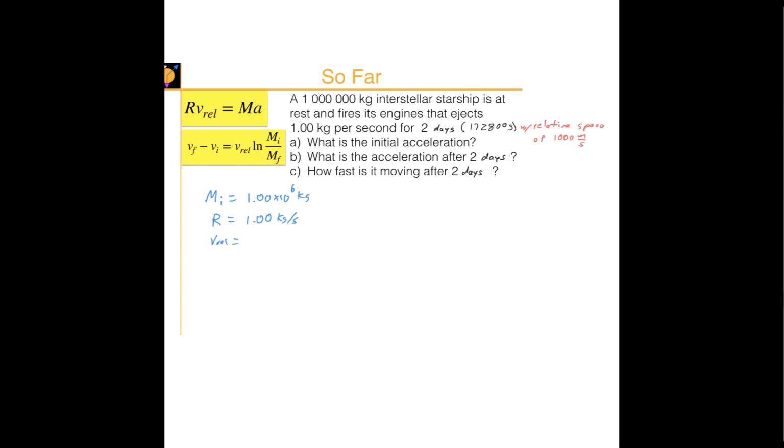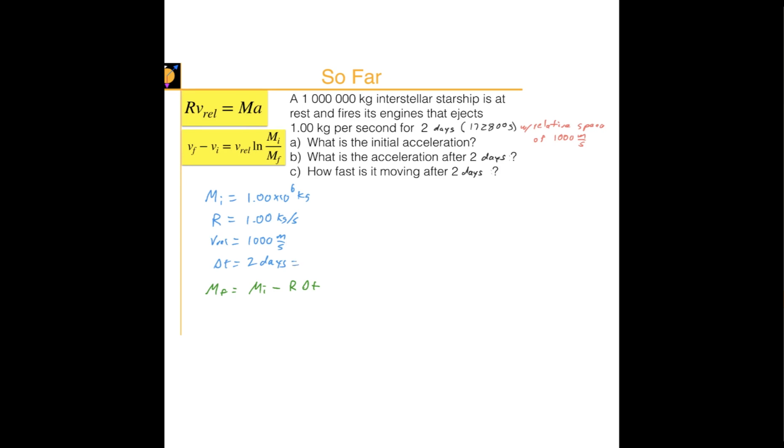V relative is given as 1,000 meters per second. And the amount of time that it's firing for is 2 days, right? We can find M final from this easily. M final is just going to be M initial minus how much fuel is used up in 2 days. So it'll be the firing rate times the amount of time.